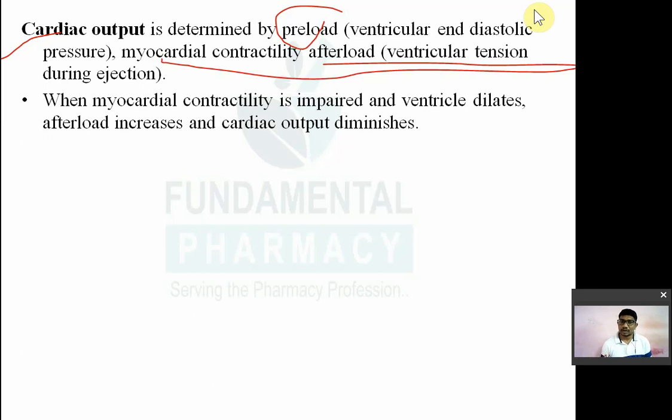Pulmonary edema means swelling in the pulmonary vessels, peripheral edema means swelling in the rest of the body, and liver enlargement occurs. So there will be liver enlargement, peripheral edema, pulmonary edema, dyspnea, and decreased cardiac output. And that is nothing but congestive cardiac failure.